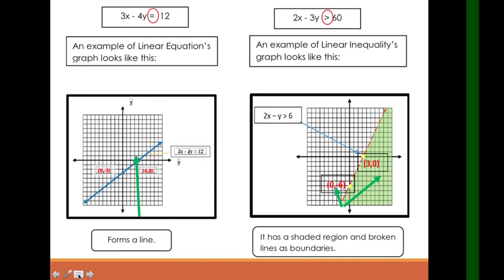Another, as you can see in our example, this is 3x minus 4y equals 12 and 2x minus 3y greater than 60. So again, they are not the same because the first one is equation and the second is inequality. So the graph here is solid again and it has a line, okay, a solid dot. But in this portion, as you can see, scattered yung line natin.